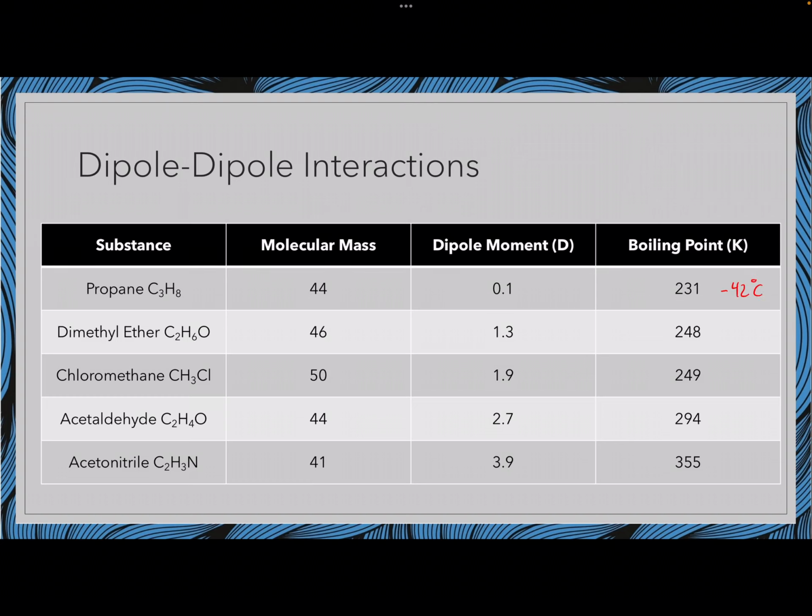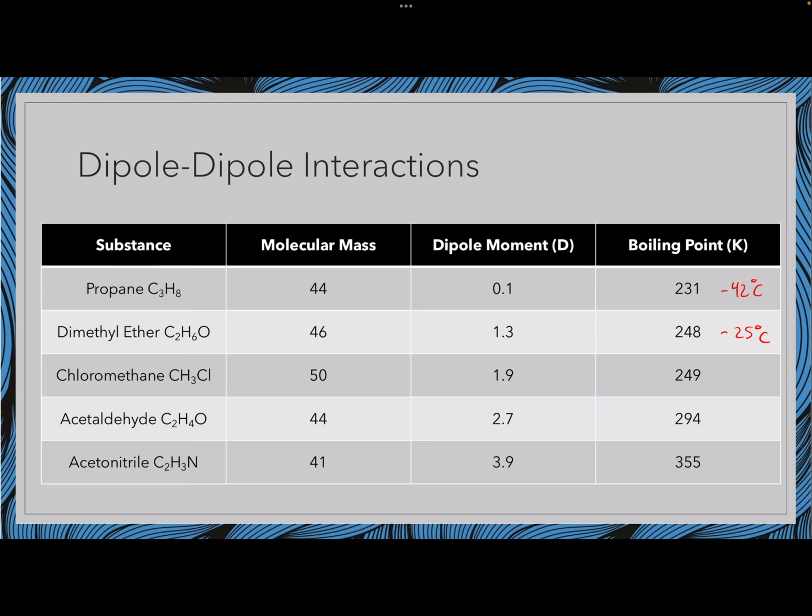Okay. As we start increasing the dipole moment in dimethyl ether, so it's almost exactly the same molecular mass, but it increases to minus 25 degrees Celsius. Okay, so that's just by the introduction of an oxygen.